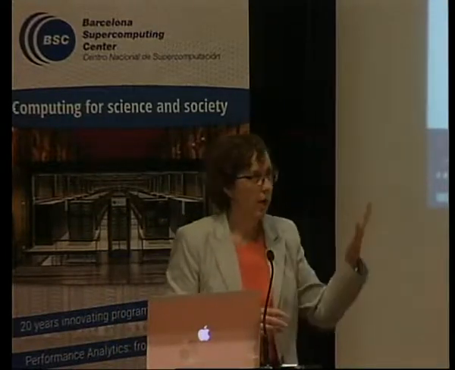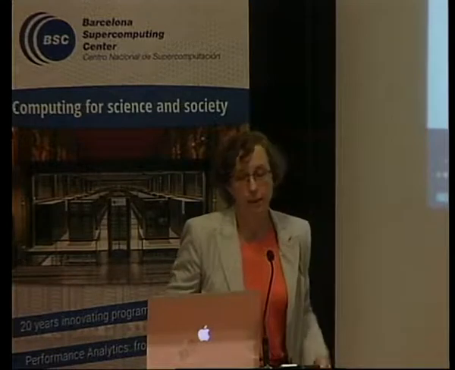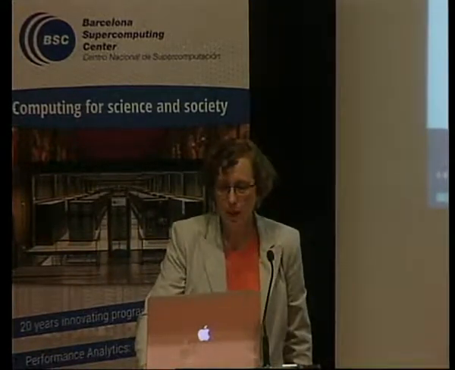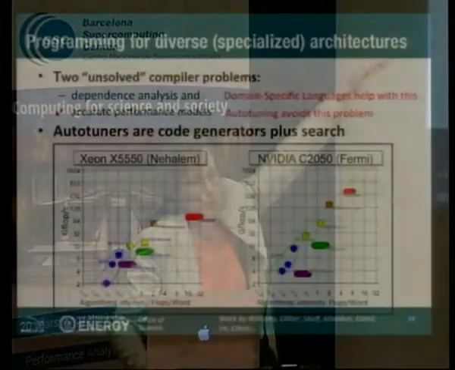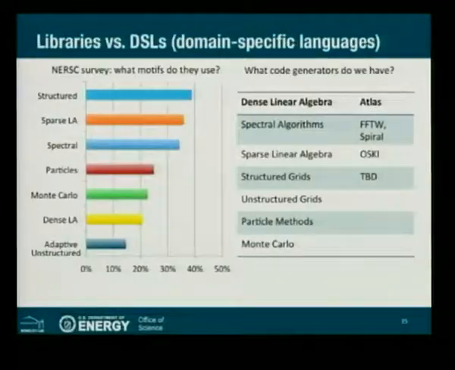And so what we have used is auto-tuning, which does a certain amount of search over at least a constrained set of possible solutions. And what we probably will need to do for the dependence analysis problem is write in more domain-specific languages that have better information about, for example, whether you're using matrices or strings, something that tells the compiler exactly how you're using it so that it can do better analysis.